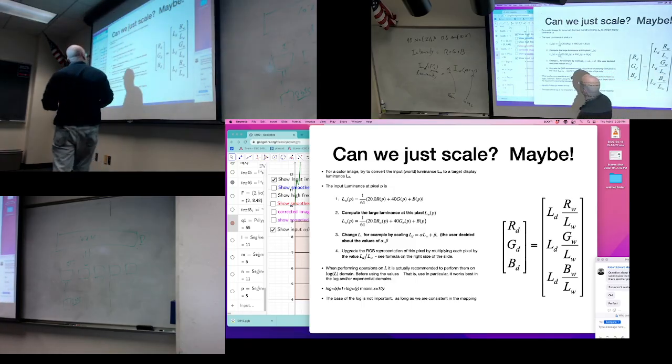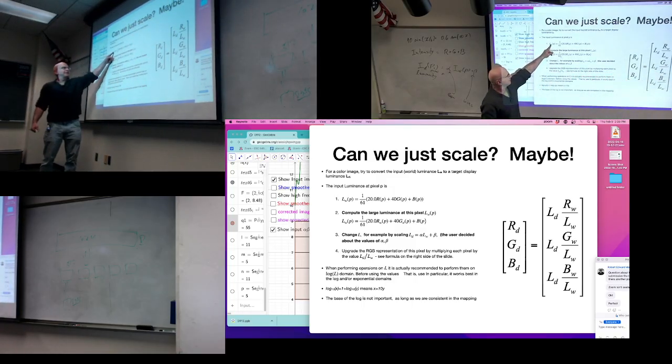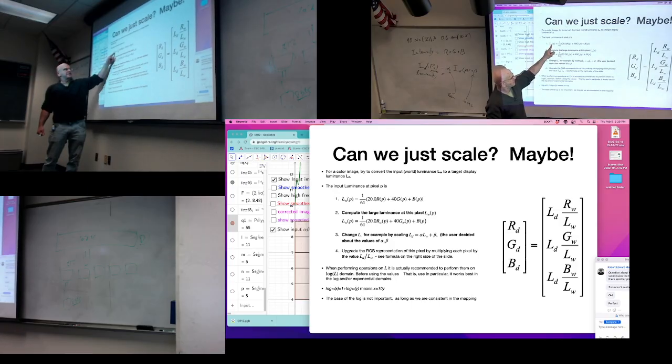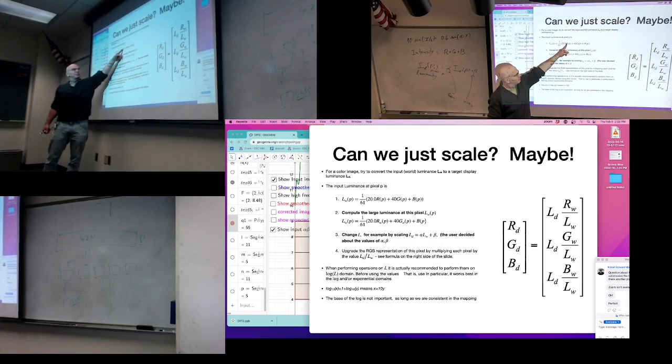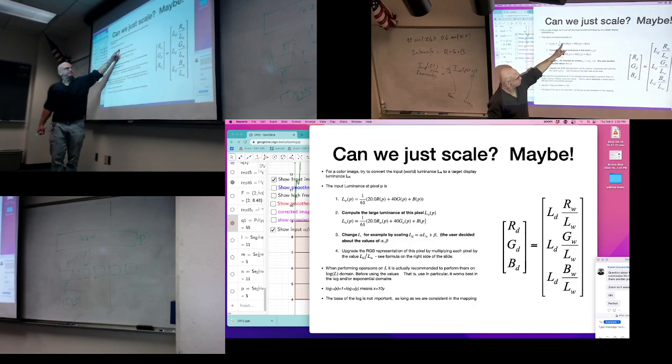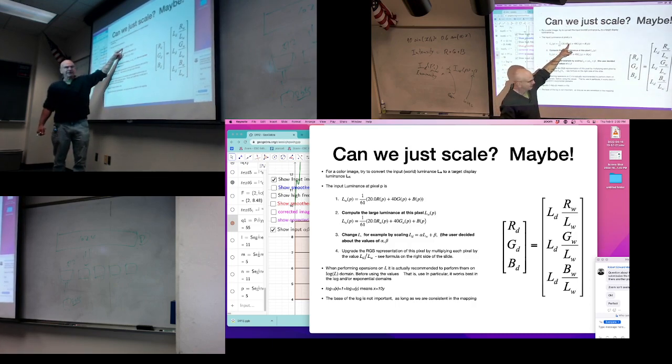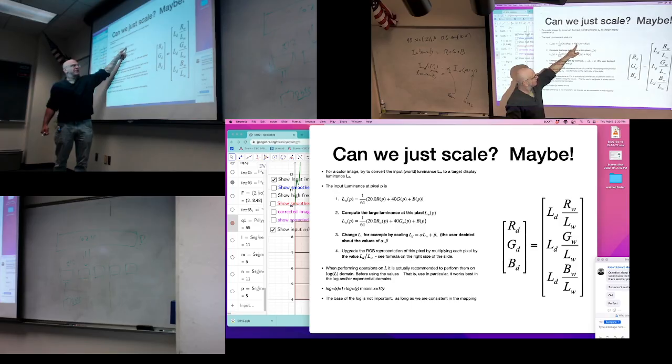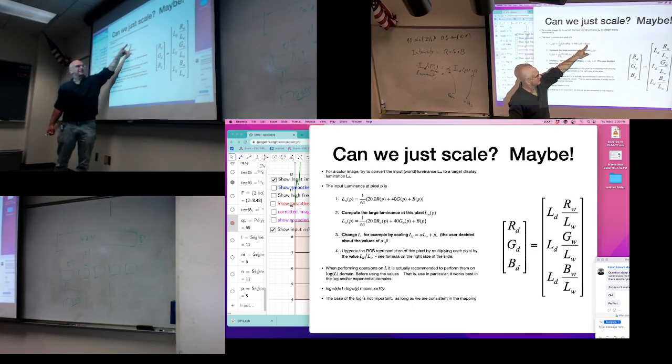The luminosity of the world at a pixel p would be assigned as follows: look at the RGB value of p, multiply the red by 20. RGB is between 0 and 1. Multiply the green by 40. Multiply the blue at this pixel by 1. Why?